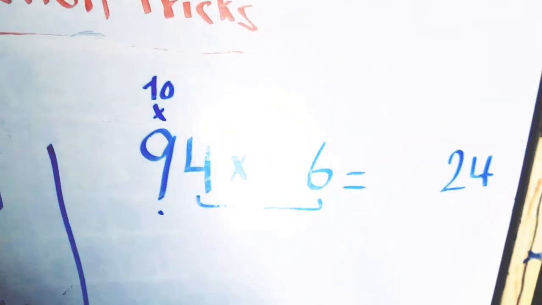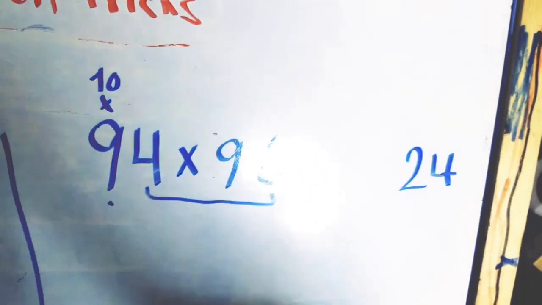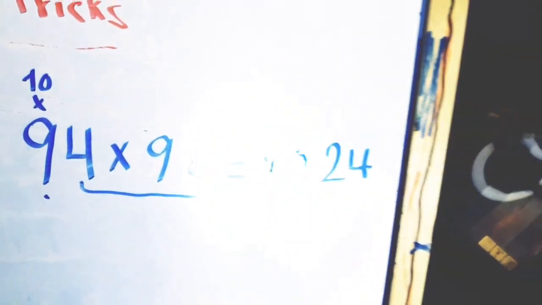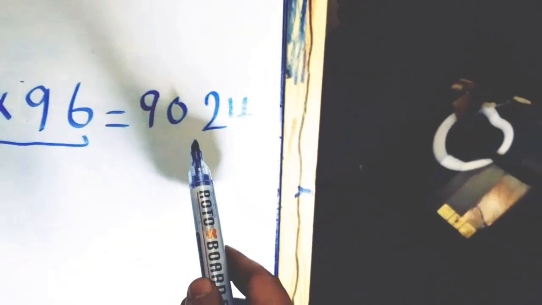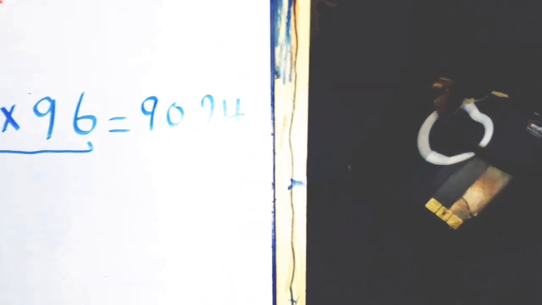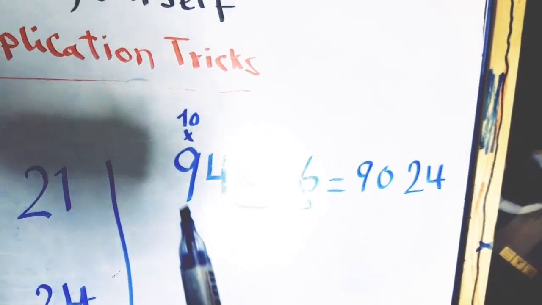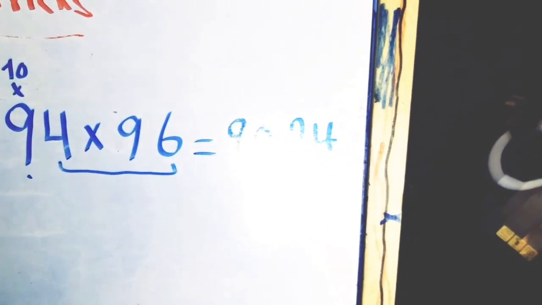We multiply 9 by 10. 9 times 10 equals 90. So 9,024 is the multiplication product of 94 times 96.